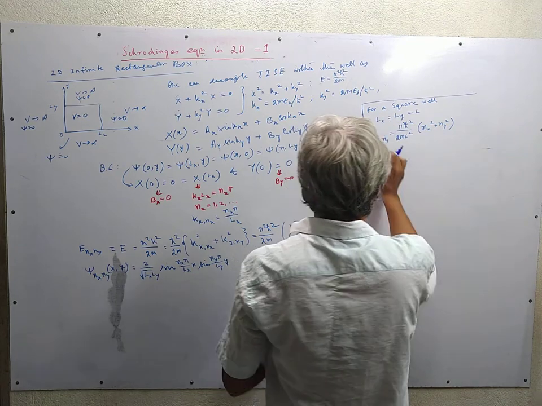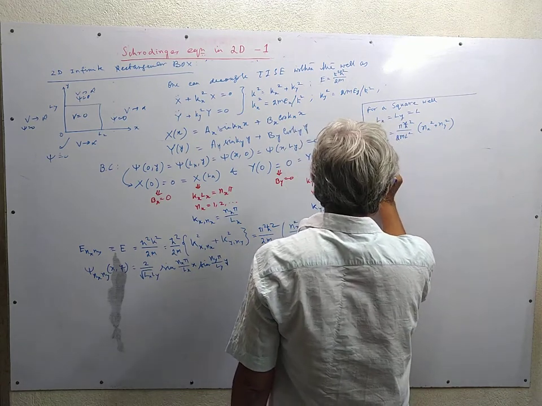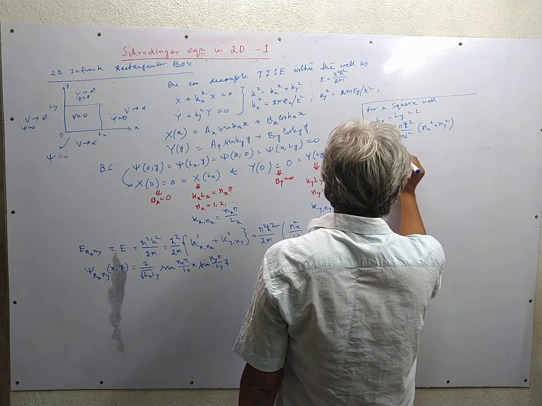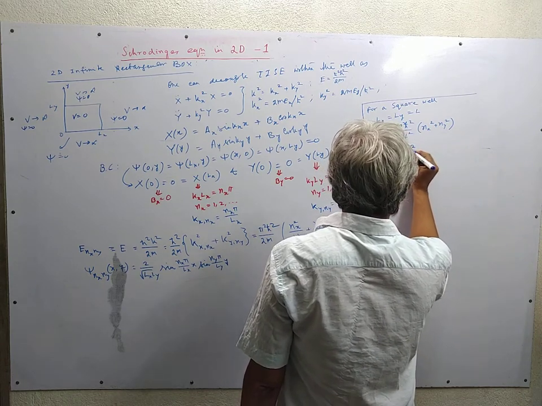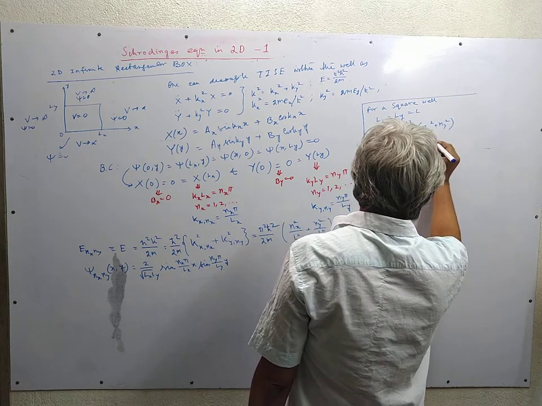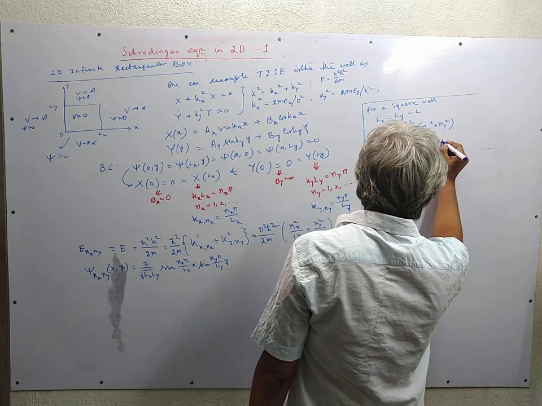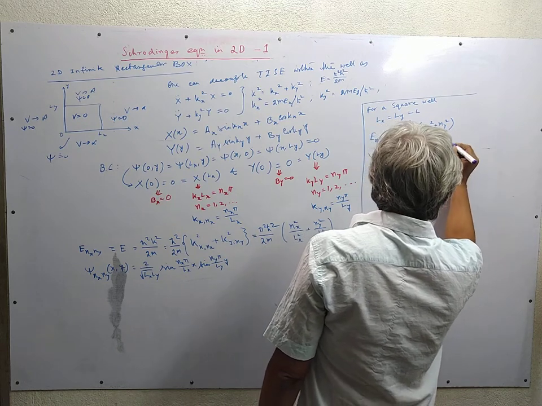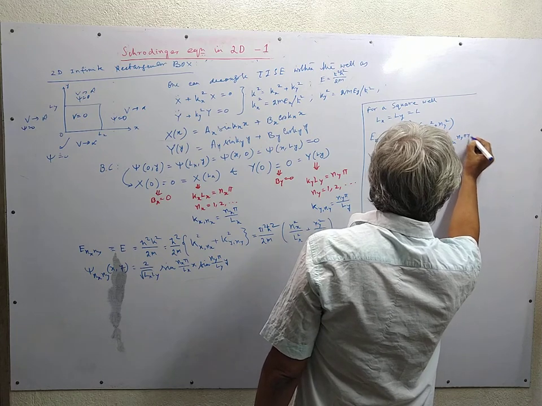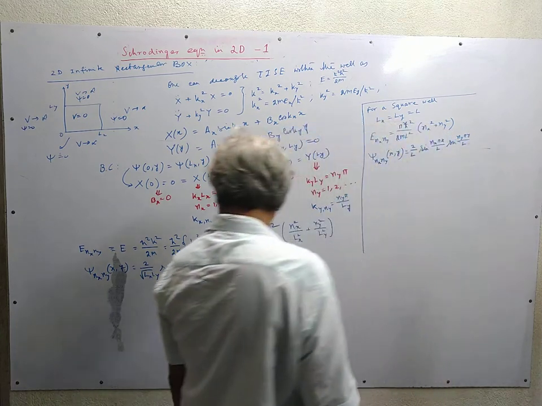The corresponding wave function for the square well is psi nx, ny of (x,y) equal to 2 upon L sin(nx pi x by L) sin(ny pi y by L). This is the wave function.